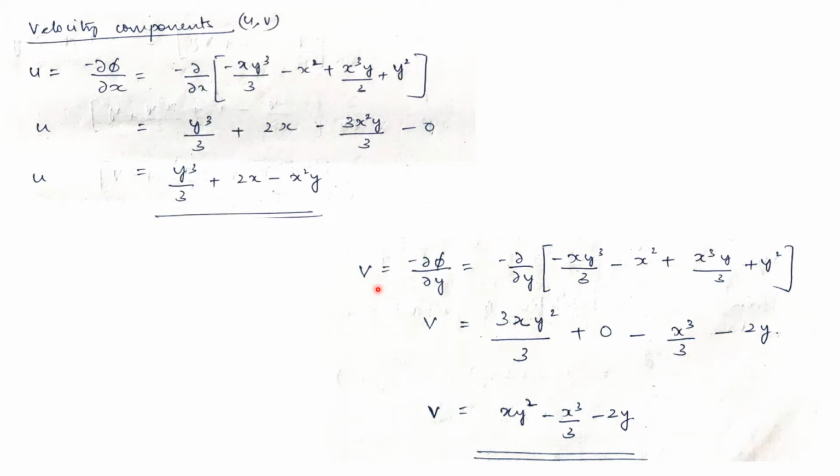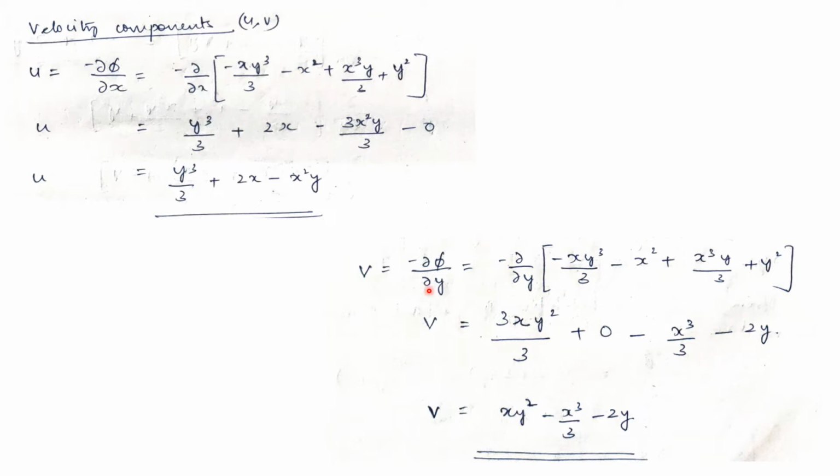So similarly, you can find the velocity in the y-axis. v is equal to minus dou phi by dou y. That is equal to minus of dou y, and you represent it as minus x y cube by 3 minus x square plus x cube y by 3 plus y square. Okay. So how you get the velocity is 3xy square by 3 plus 0 minus x cube by 3 minus 2y.